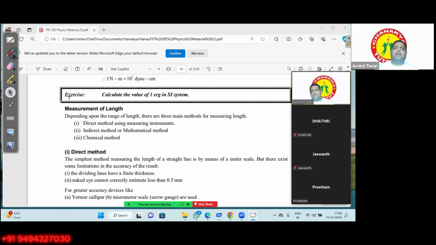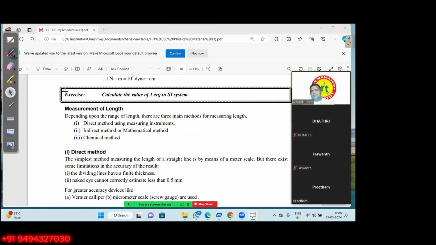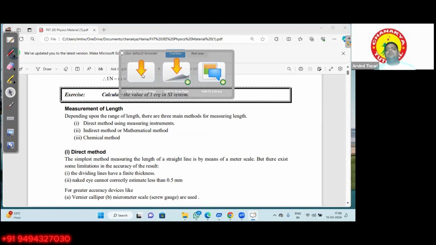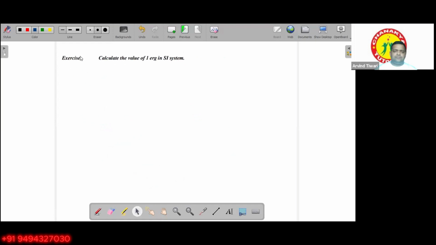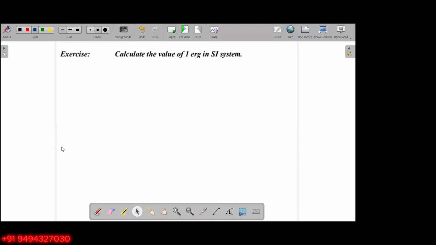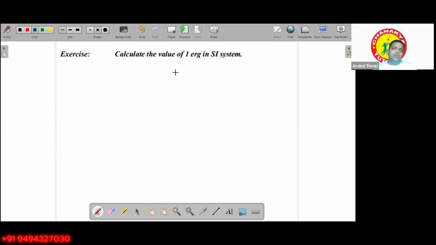Calculate the value of one erg in SI system. So what is one erg? Do you know what the unit erg represents?